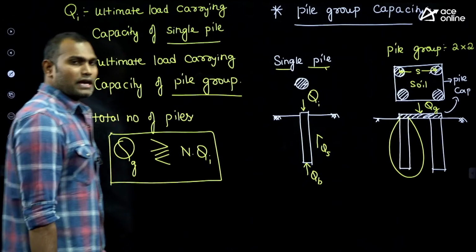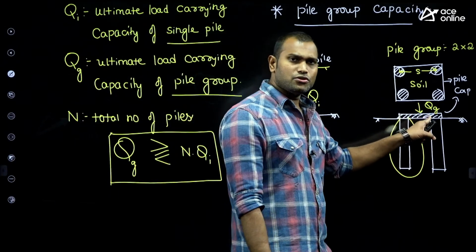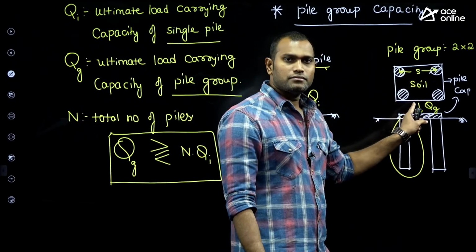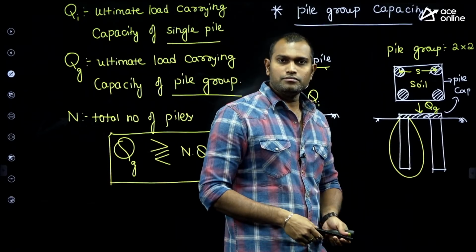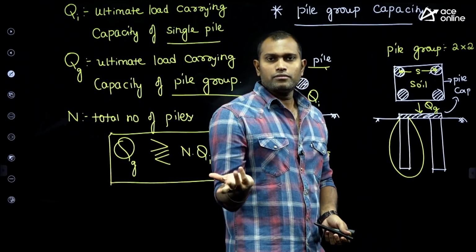So what is the average load carrying capacity? Total group capacity is QG. If 4 piles are there, then what is the average of each pile? QG by 4.